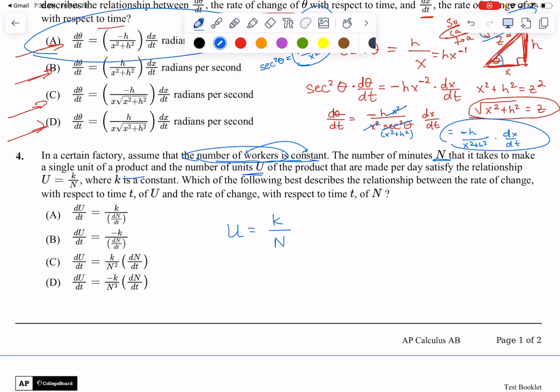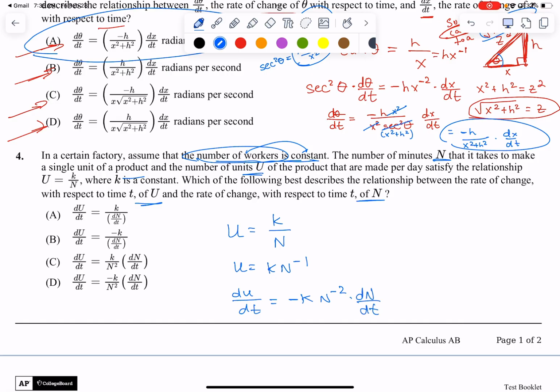All right, which of the following best describes the relationship between the rate of change of U and the rate of change of N? So I got to do a derivative implicitly with respect to time, so it's a related rate problem. So I'm going to have U is equal to K N to the negative 1. So I'm going to have dU dt is equal to negative K N to the negative 2 times dN dt.